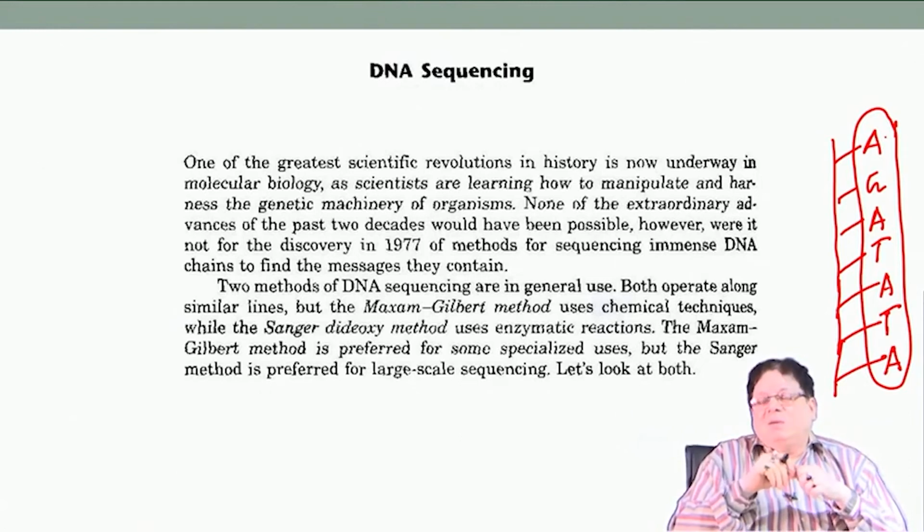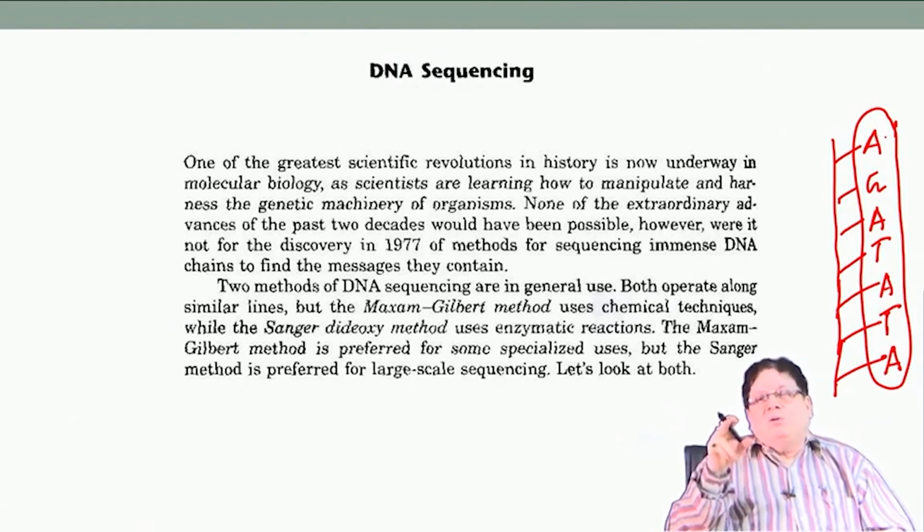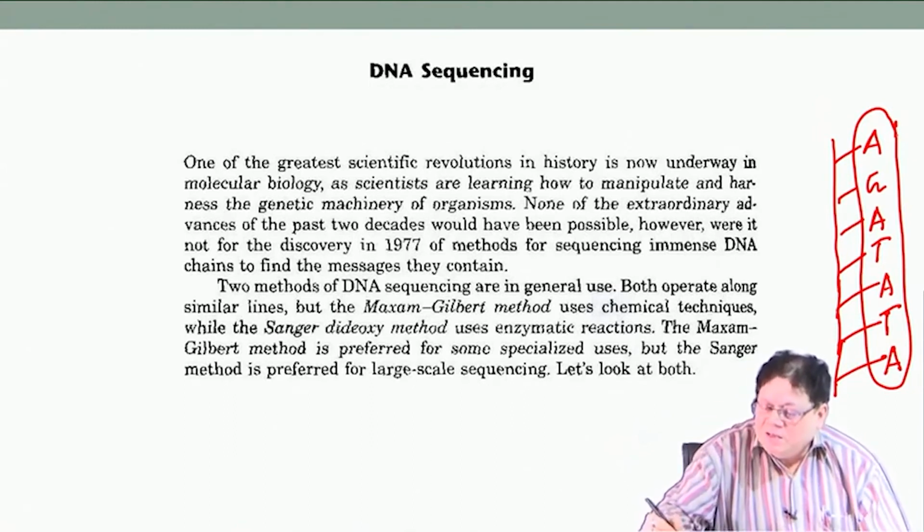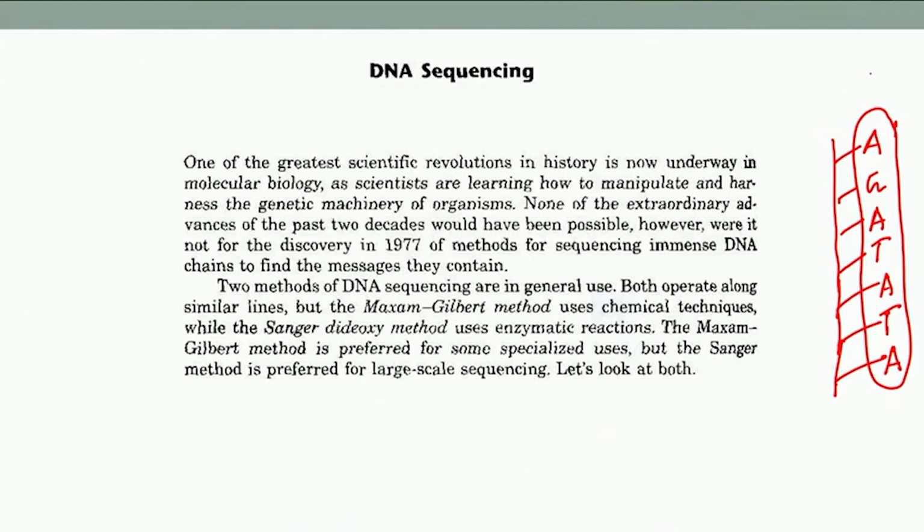It's a challenge, but until this was solved, the DNA chemistry was difficult to take forward, because what was needed is how to know the sequence of DNA, and as I said, this is important because that differentiates one DNA from the other DNA.